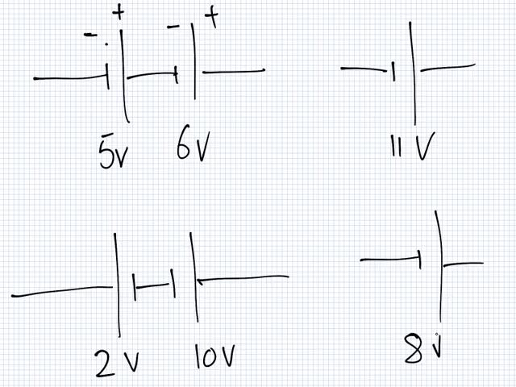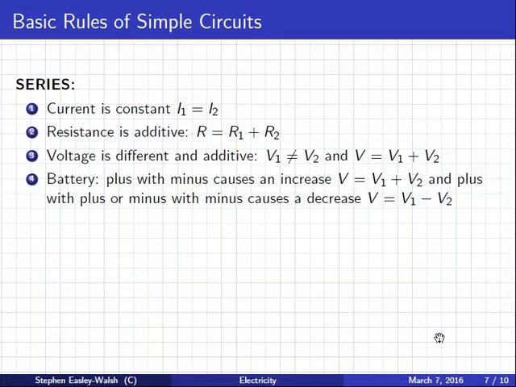So do you notice when you're putting the batteries into your toys, you always have the positive side touching the negative side when you stack them up. If you have one of them in backwards, you're reducing the voltage instead of increasing it. Okay, so this is the last of the series rules, then we'll look at parallel. You can write this down. So plus with a minus increases, but a plus with a plus or a minus with a minus is a decrease.